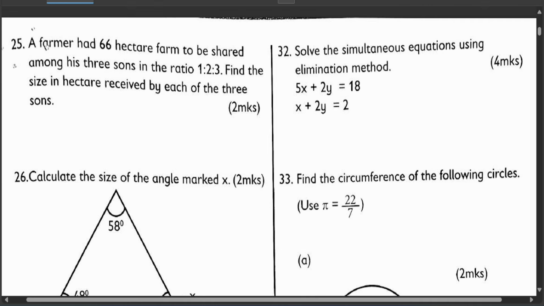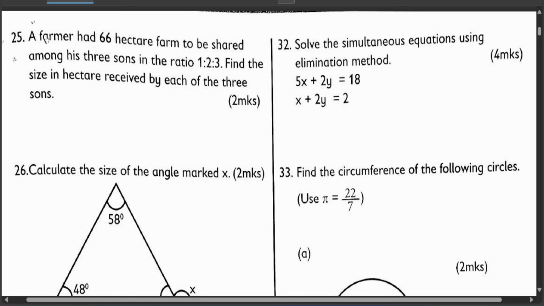Question 25. A farmer had a 66 hectare farm to be shared among his 3 sons in the ratio 1:2:3. Find the size in hectares received by each of the three sons. So let's find the total ratio, which is 1 plus 2 plus 3, which is 6. And then let's take 66 divided by 6, which is 11 hectares.